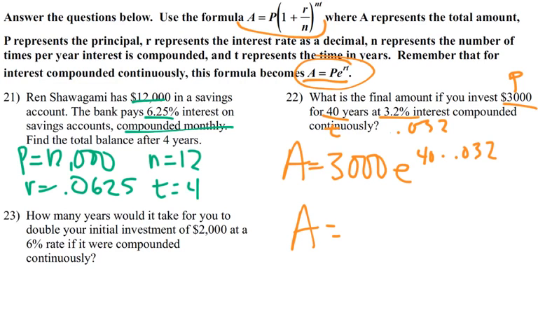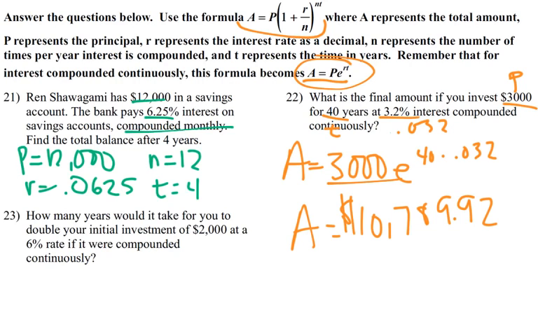That's what we do with these kind of formulas. So 3,000 times E to the 40 times 0.032. And you get $10,789.92 when you round. Okay, it doesn't seem like a whole lot in 40 years, but think, you only started with 3,000. You almost quadrupled your amount of money. So, not too bad, right?